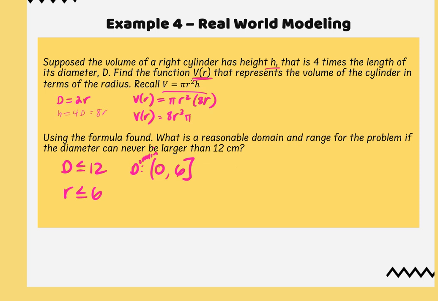Now, how would I know the restrictions on the range? First of all, what's the smallest my range can be? 0, but it can't include it, right? And then how would I find the maximum my range could be? I'm going to take that 6 and plug it in. So it'd be 8 times 6 cubed times pi.